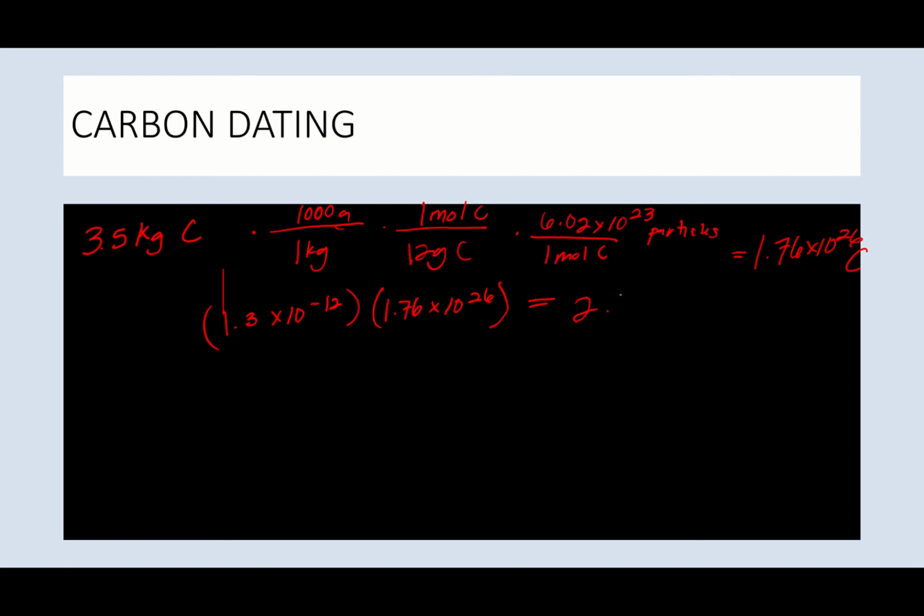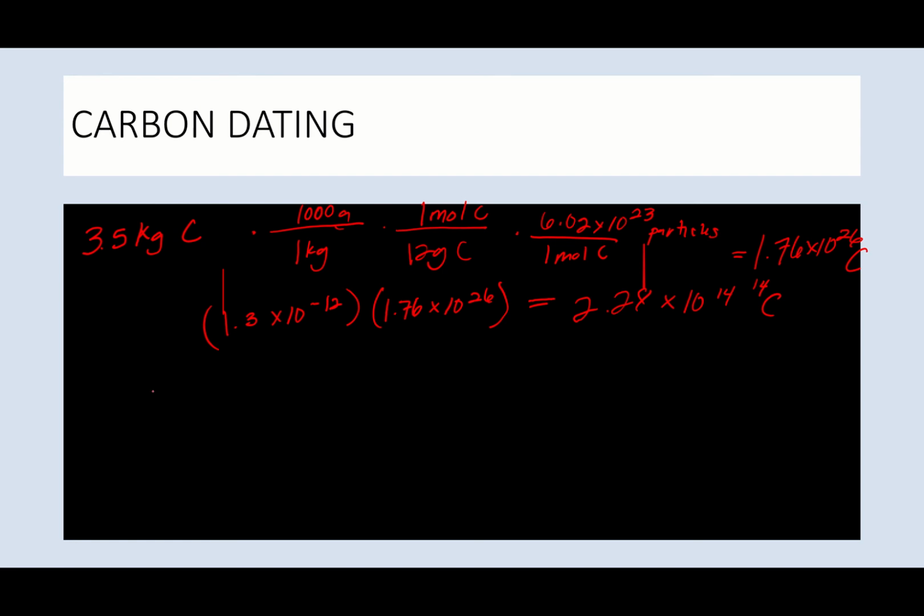And that comes out to 2.28 times 10 to the 14th carbon-14s. So that means that in this 3.5 kilogram hunk of bone, there are 1.76 times 10 to the 26 carbon atoms, and 2.28 times 10 to the 14th of those are actually radioactive.